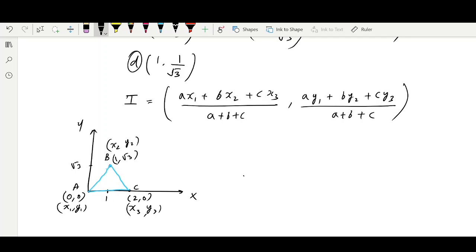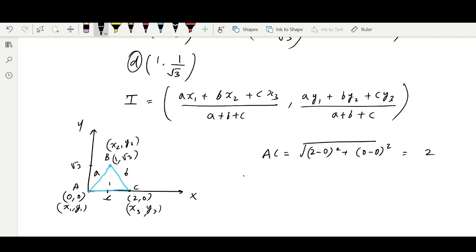Fine. Now we need to find AB, that is small c, BC, that is small a, and AC, that is small b. AC is the easiest to find out: under root, 2 minus 0 the whole square plus 0 minus 0 the whole square, that is 2 only.